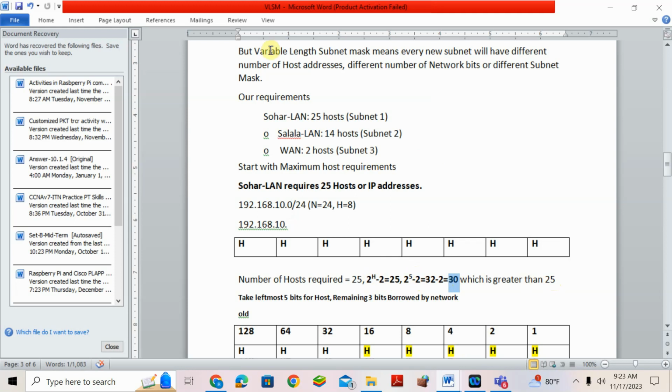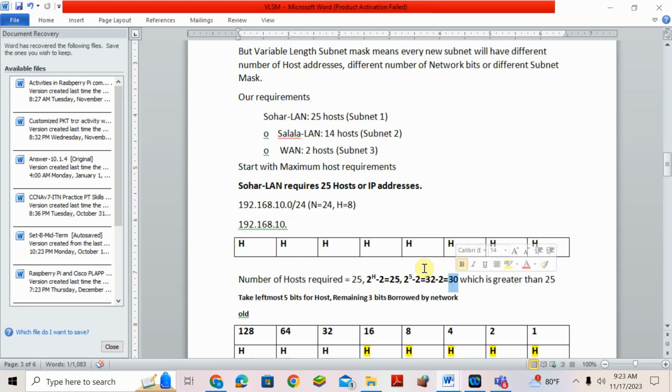I cannot get exactly 25, so I'll go for the nearest value. 2 power 6 is more: 64 minus 2, 62. Don't waste it. So better 2 power 5 minus 2, which is 32 minus 2, 30. This is the best one. Almost near to 25. I need 25, but I can give only 30, the nearest one.